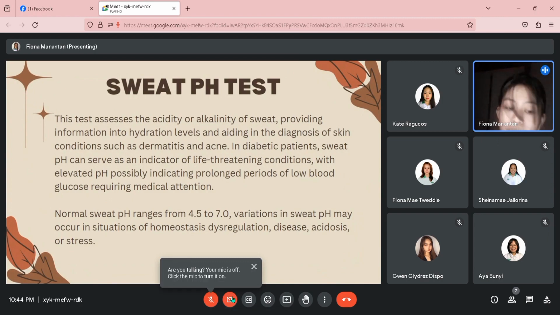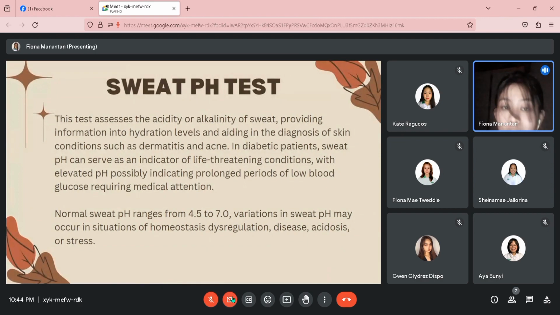Determination of sweat pH not only reflects overall health and wellness, but also holds potential for diagnosing diseases. Normal sweat pH ranges from 4.5 to 7, facilitating the monitoring of exercise intensity and dehydration due to its association with sodium concentration.